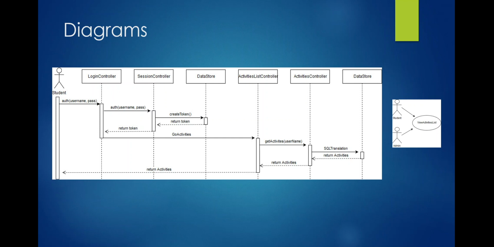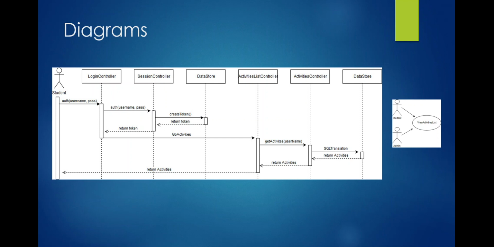The activity controller then fetches the progress and the activities that the user has completed from the data store or database. The activities are then returned, and the activity list controller returns a list of activities to the student. The activity list controller is in charge of displaying these activities. This is a front-end process. As shown in the demo, the user from there can continue to their activities.